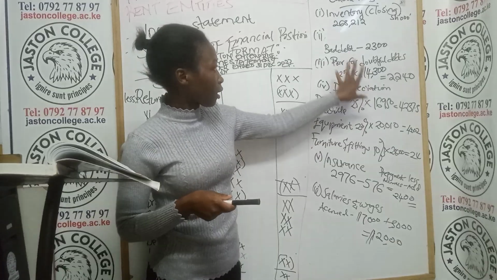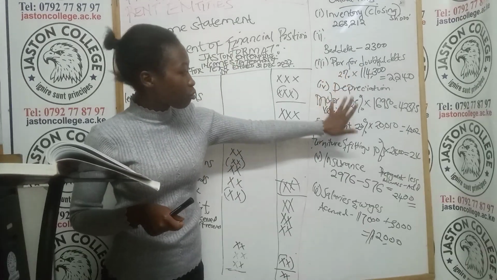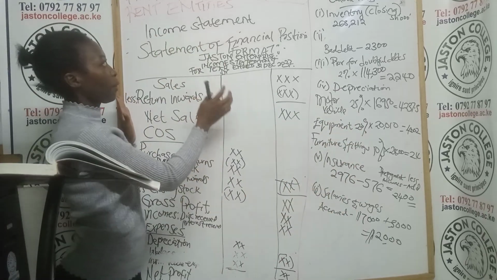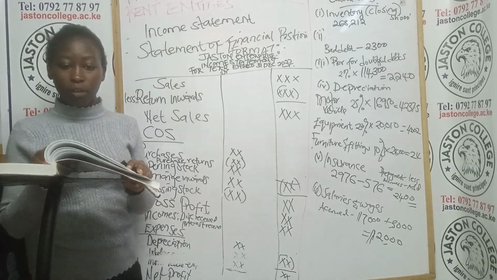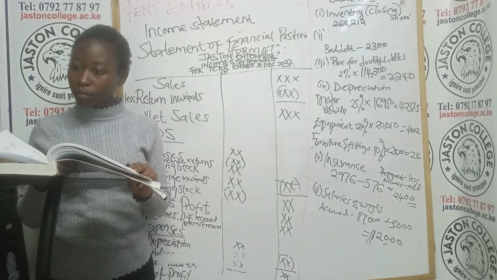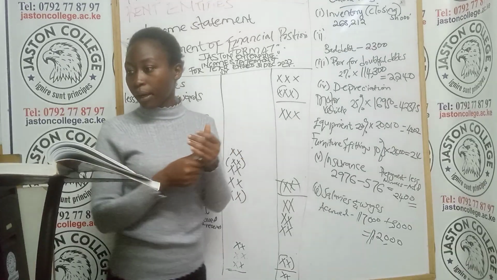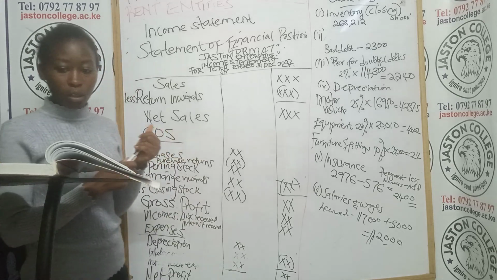So this is our calculations that we've made, and you are going to transfer these calculations to our income statement. So we are going to make our income statement over here. We are going to make our income statement for Jessica Pendo.